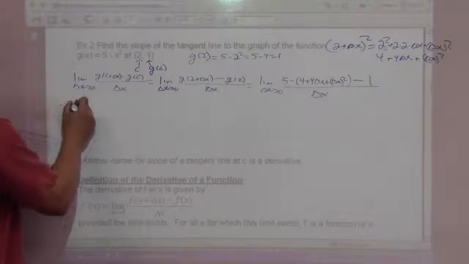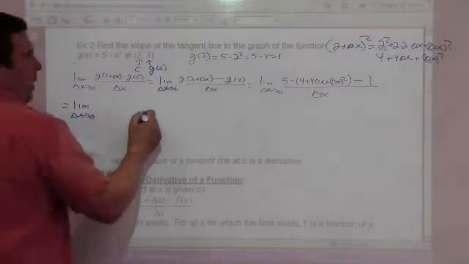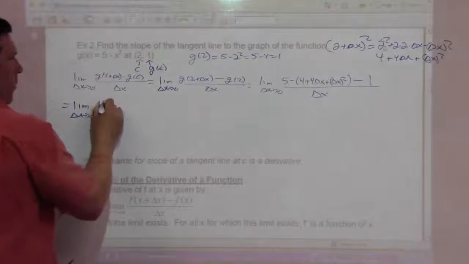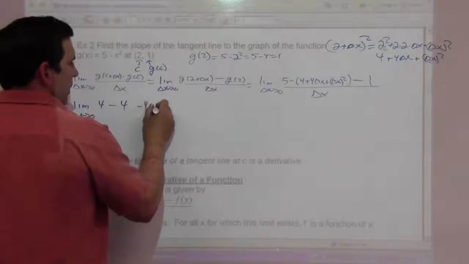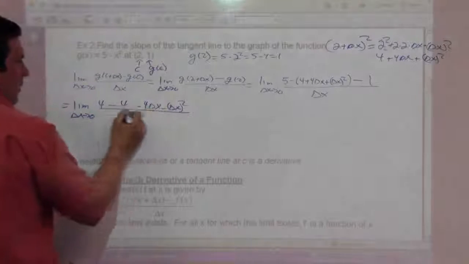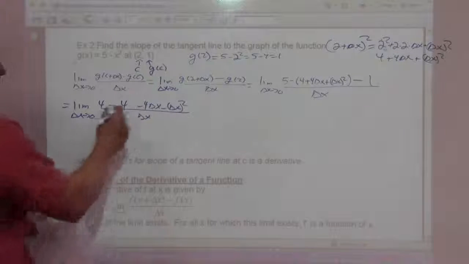So what do we have? We have the limit as delta x goes to 0. We have 5 minus 1, that's 4. So 4 minus this 4, minus 4 delta x, minus delta x squared. Now the 4's are going to subtract out.